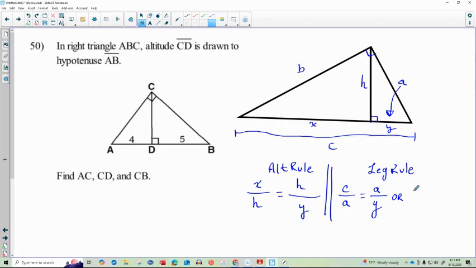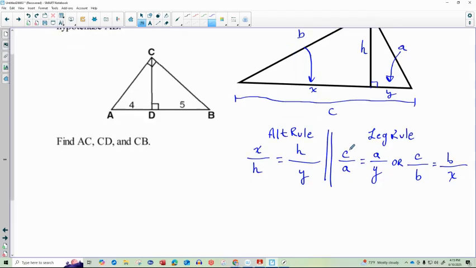Or we can use the other leg, leg B. Put the leg B here and here. The projection of that leg is x, so we put it down here, but we also put the whole hypotenuse up there. And those are the leg rules based on that picture. But we also talked about it sometimes with words. Some of you remember it better with words.